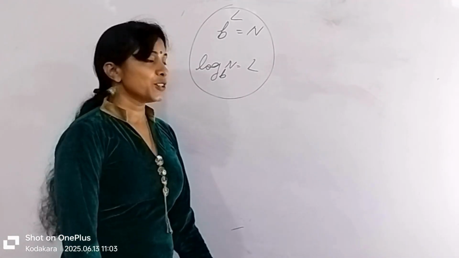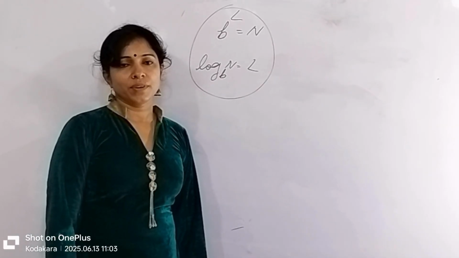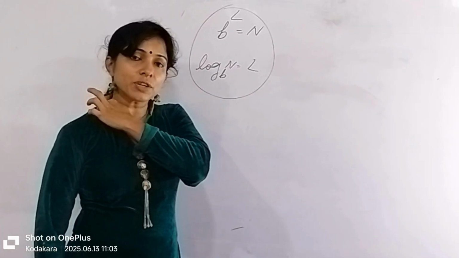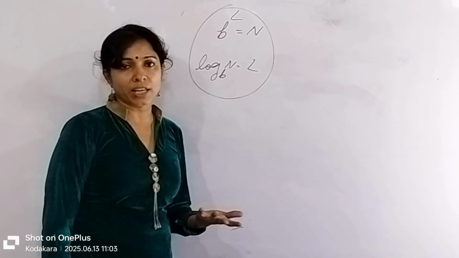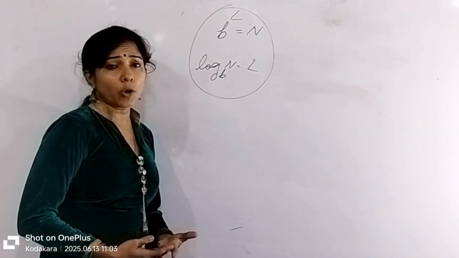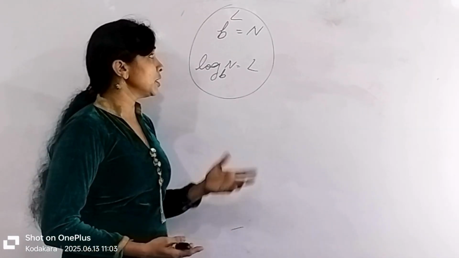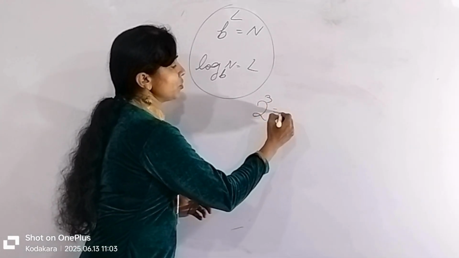Good morning. Today we are going to discuss some problems related to logarithms. We know that exponential and logarithmic functions are inverse functions. So what do we mean by an exponential function? Here, it means how many times a number is a factor of another number. Suppose 2 raised to 3 is equal to 8.